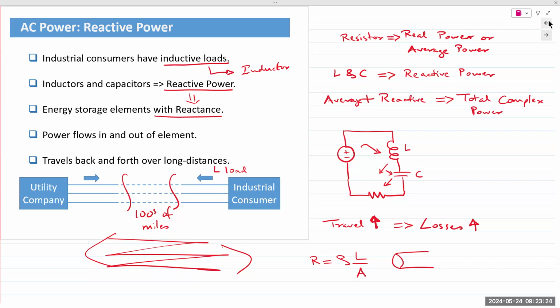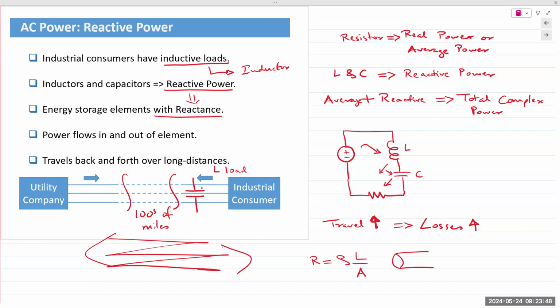When you have a capacitor and you place it in front of your inductive load, it absorbs the energy that comes out of the inductor, and instead of traveling all the way back to the utility company, that energy now gets stored in the capacitor.